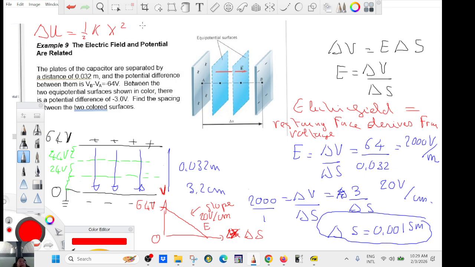If I take the derivative relative to x, what do I get? kx. And what is kx? Oh, that's the restoring force. So each time you have potential energy, you derive and you get the restoring force. Restoring force wants to lower the potential energy.